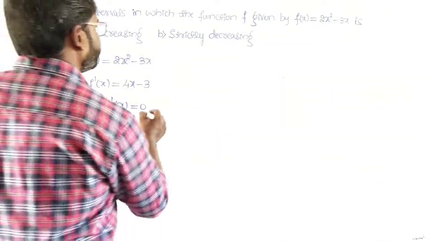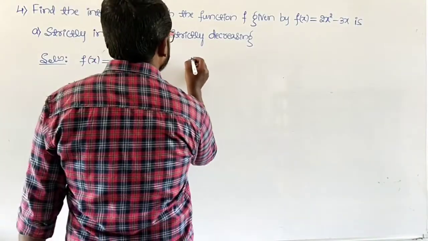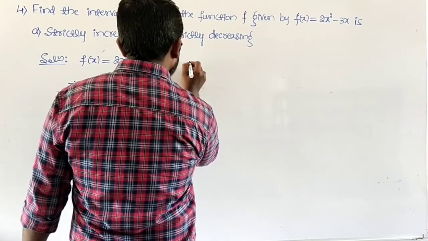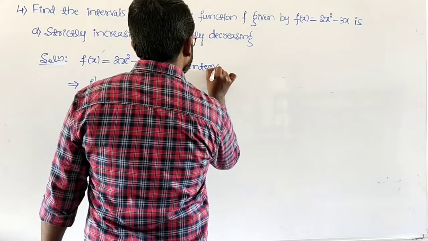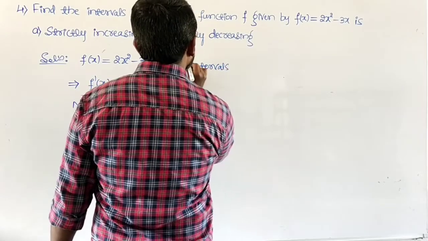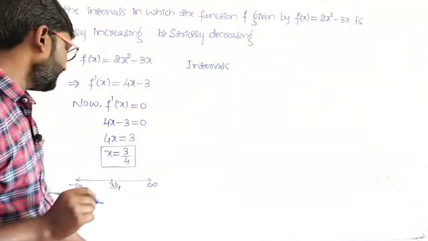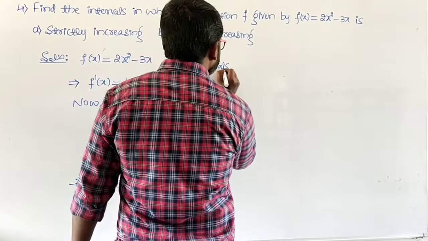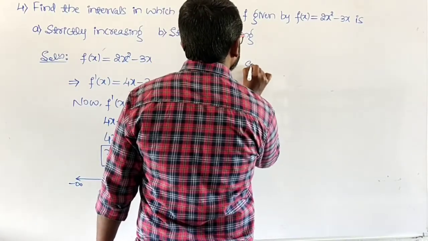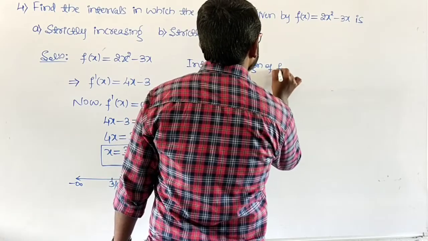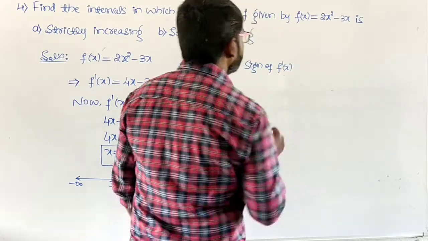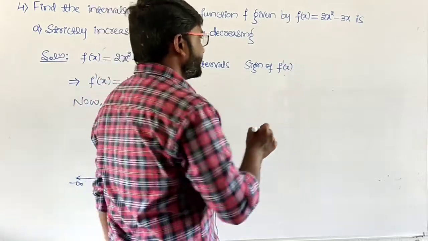Now I will go for the table. Whenever you get a problem like this, you have to draw the table with columns: intervals, sign of f dash of x, and the last column, nature of function.